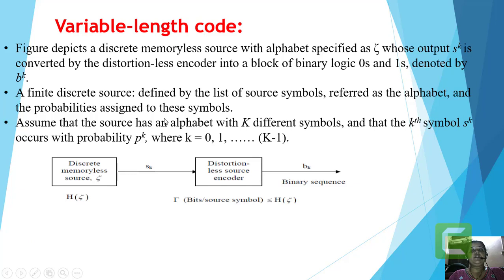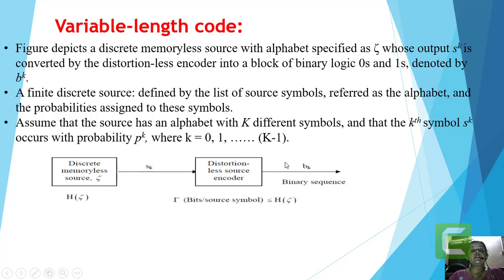This discrete memoryless source generates the alphabet, specified by zeta, and its output symbol sk goes into the distortionless encoder. The source encoder has the task of taking the symbol and converting it into a block of binary bits of zeros and ones, which is denoted by B.